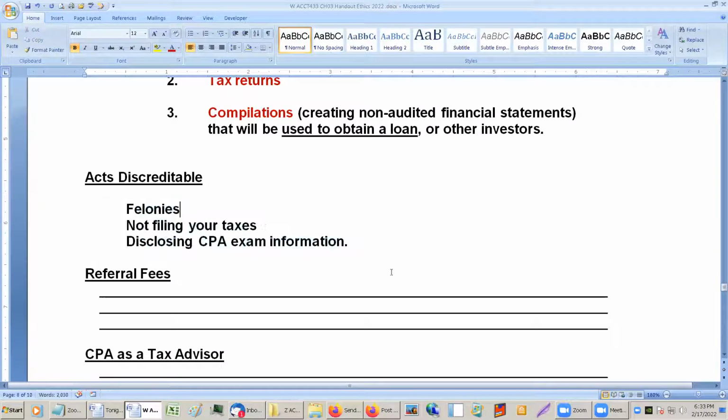As odd as that sounds, these are probably the three most common that you'll see come up in the CPA exam.